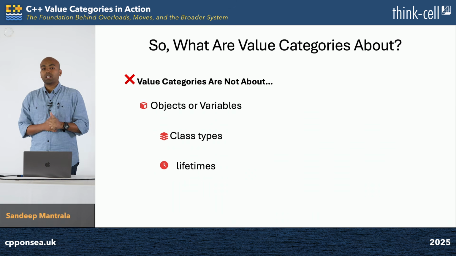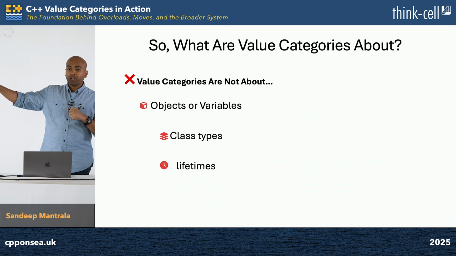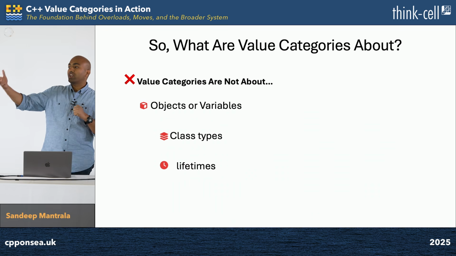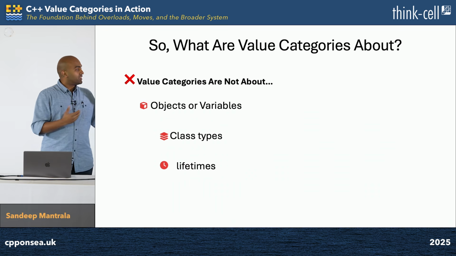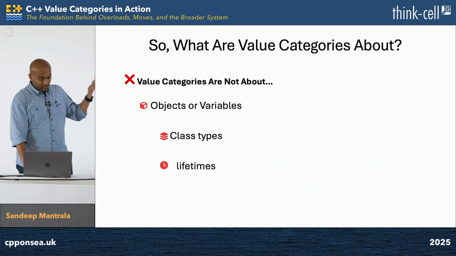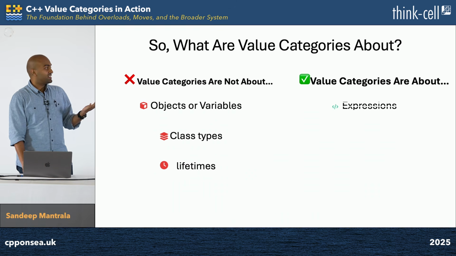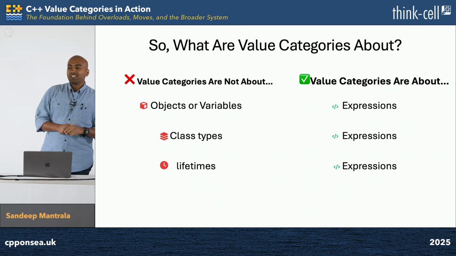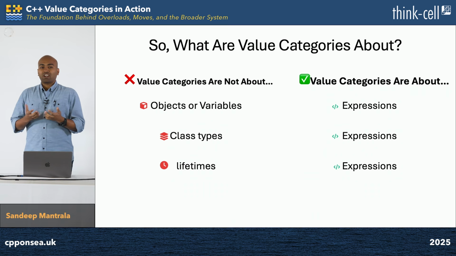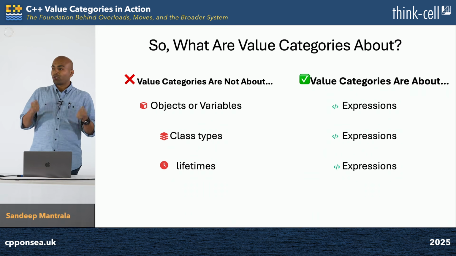Yes, lifetimes have a kind of role to play in what a value category is, but a value category is not directly about lifetimes. So what are they really about? They're about expressions, expressions, and expressions. When we are learning a new language, I don't think we spend a lot of time reading a chapter called expressions, right?